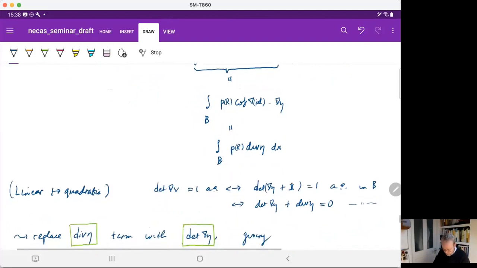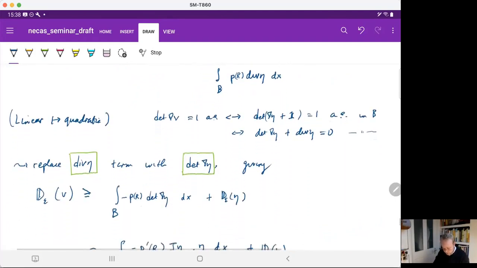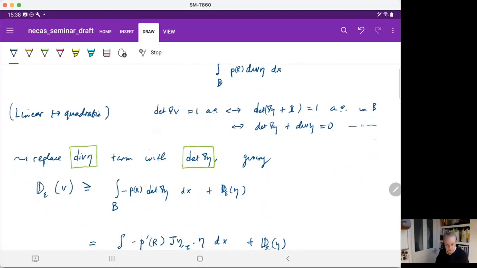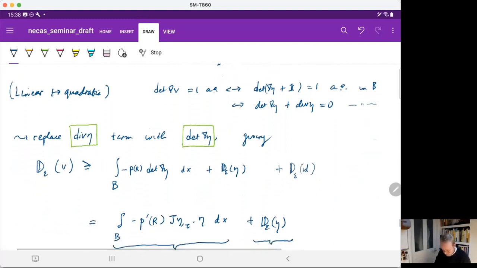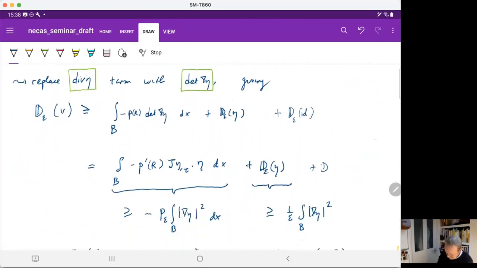So if you do that, then you can replace div eta with det d eta, and this gives you a lower bound function, which is the function I've written here. Oh, sorry, there should be an extra term on the right there, which of course I've missed out throughout.